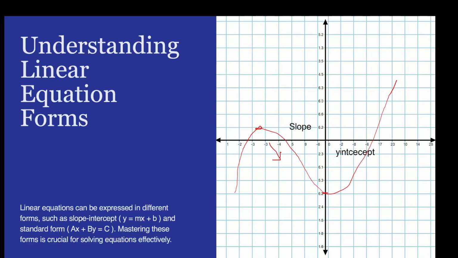Here is the y-intercept, where x equals 0. So we have to substitute the x value 0 into the given equation, and you will get the y value. To find the equation, there's a formula called y equals mx plus b.